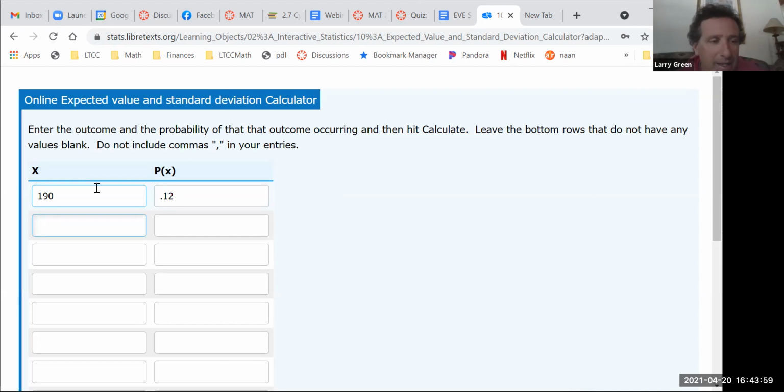And then the next X was 290, and its probability was 0.08. And then the next X was negative 10. That came from the table. And its probability was 0.8.